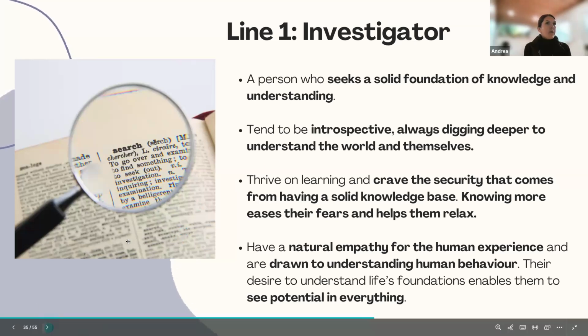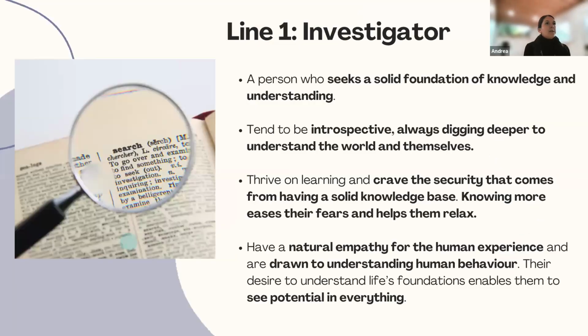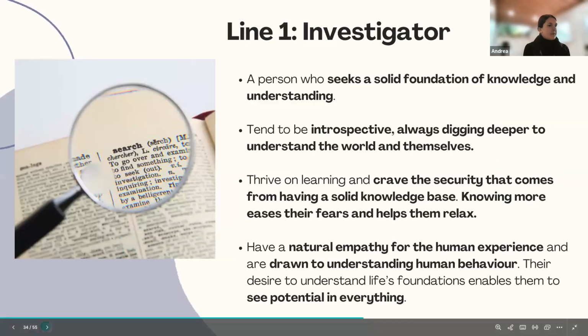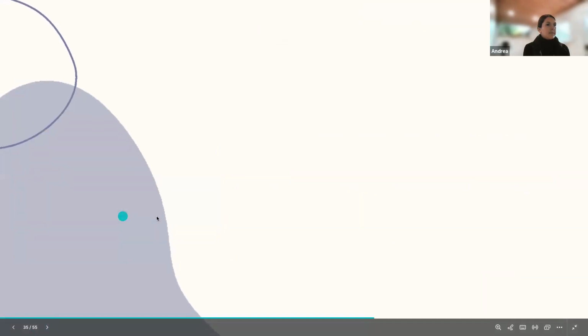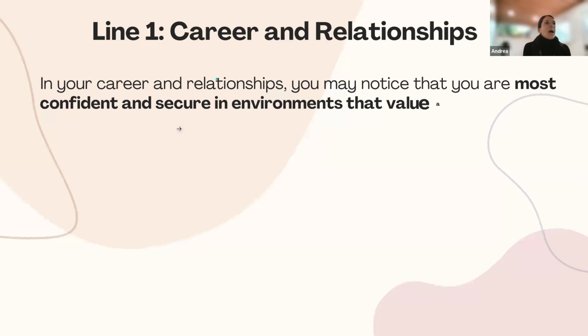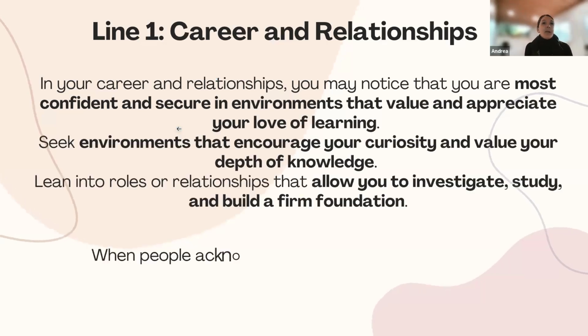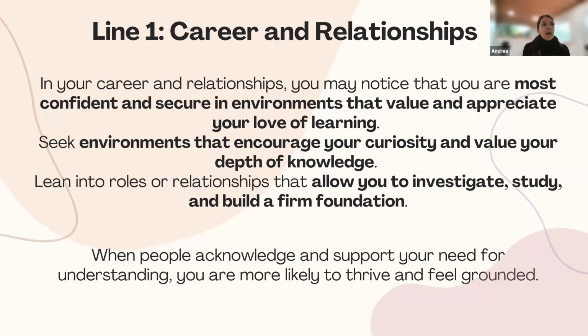And for people that have a line 1 in their profile, for career and relationships, they're often drawn to situations where they are valued and appreciated for their love of learning.